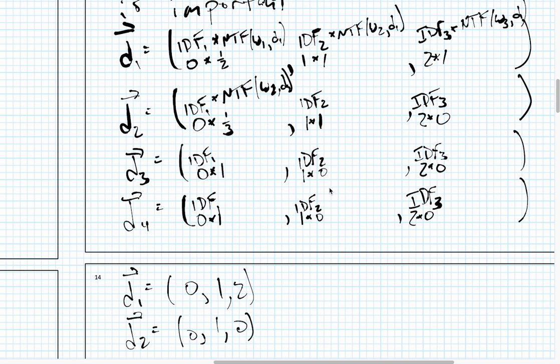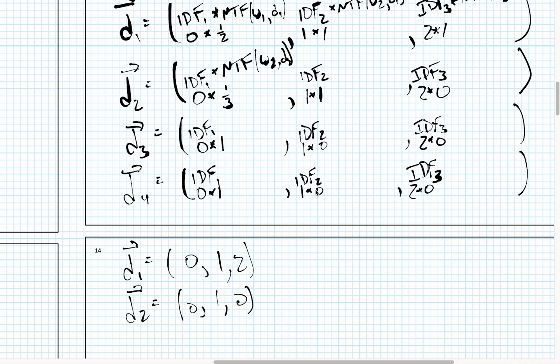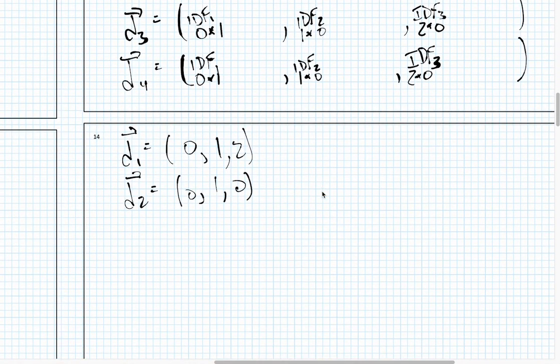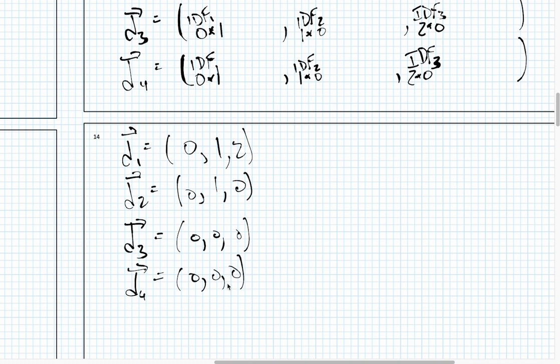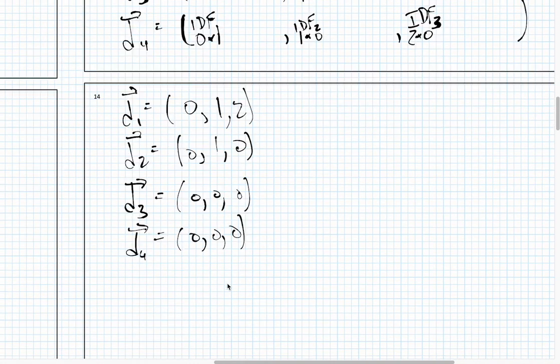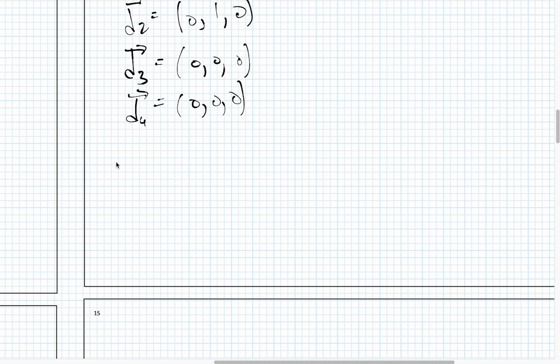D3 is equal to 0, 0, 0. D4 is also equal to 0, 0, 0. Okay. And again, I just want to write this out so that you can see this.